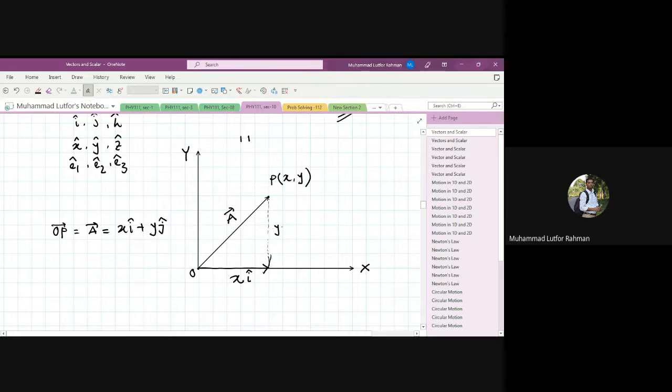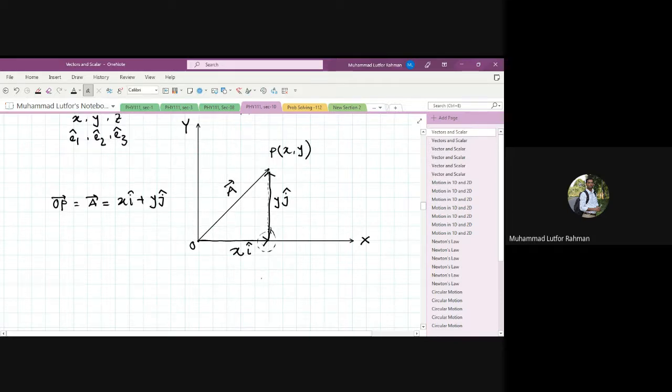If you multiply this y with j hat, you will get that vector, right? Now, if you closely observe, these two vectors are connected head to tail. Now I can apply the vector triangle law. If I apply the vector triangle law, it would be x i hat plus y j hat, and that must give the vector A, right? We found that using only the vector triangle law.